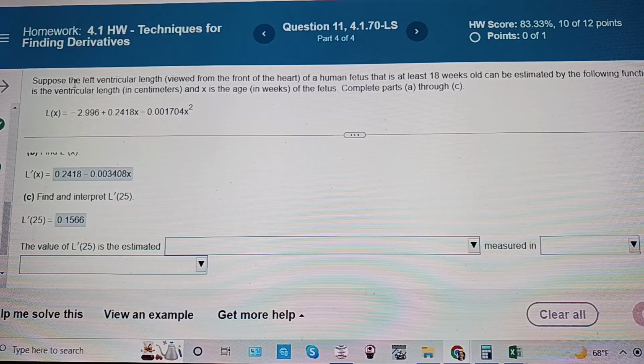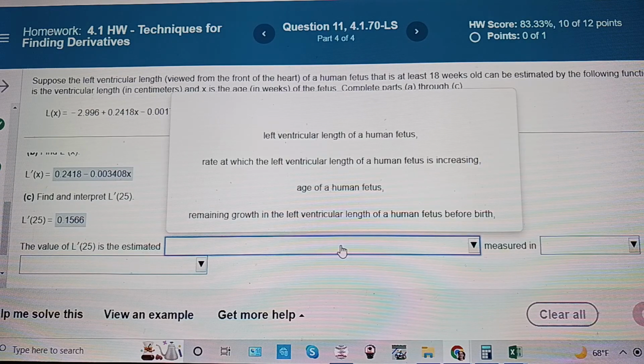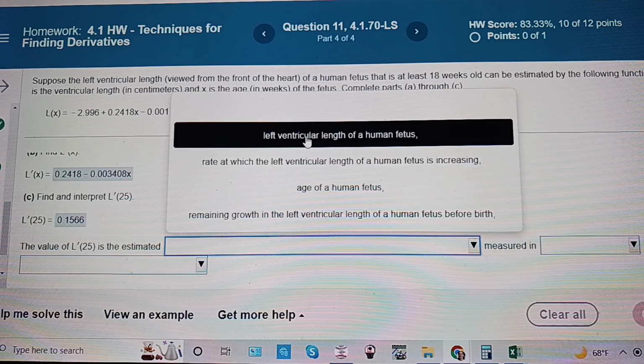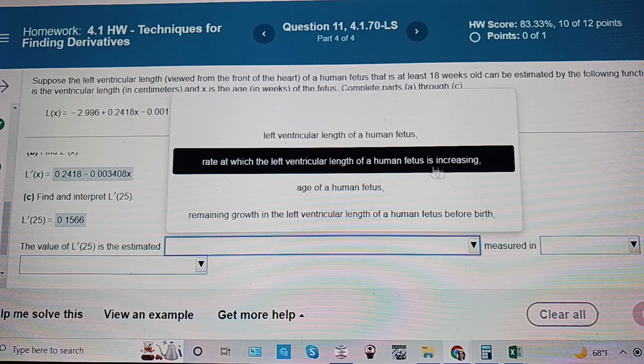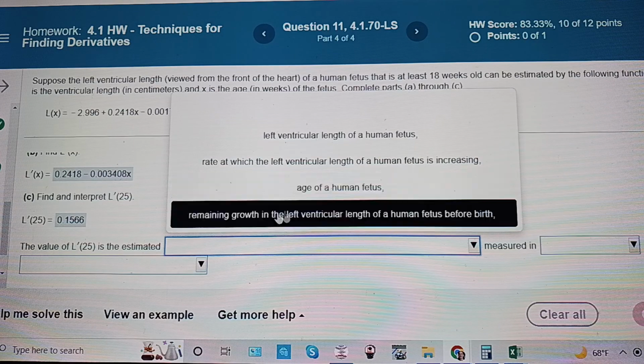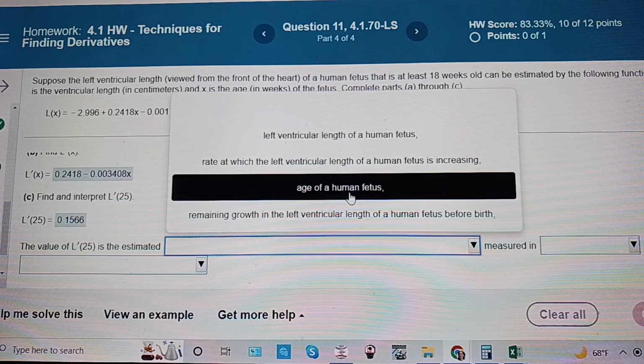Okay, the length is in centimeters, the age is in weeks, so the derivative is the estimated rate of the left ventricular length of a human fetus. Definitely not the age and not the remaining growth. Derivatives are rates, because remember, slope is average rate of change.